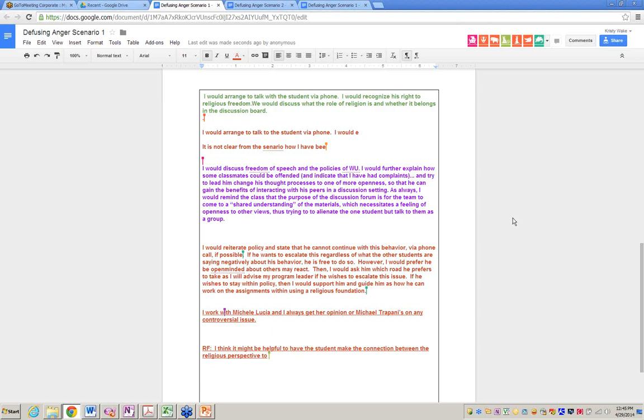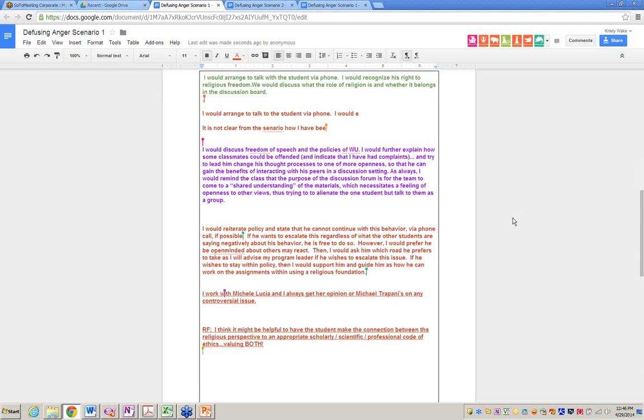Student make a connection between religious perspective to an appropriate scholarly, scientific, professional code, okay? And many programs are going to have those. Nursing, for example, has a very specific ethical code, professional code of conduct that they have to use. So that's always a good one.